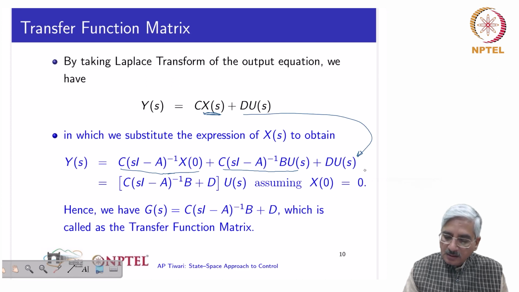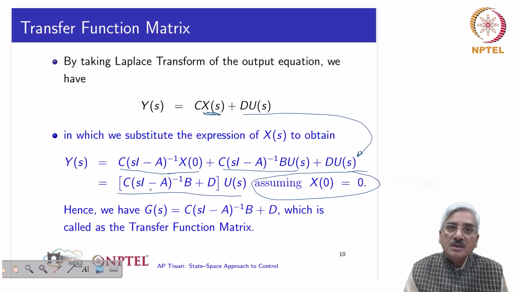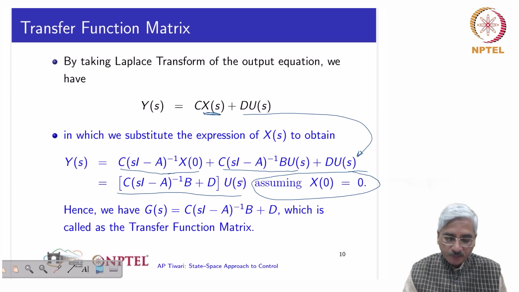Because in transfer functions we assume initial conditions are zero, we substitute x0 as 0. So this reduces to Y(s) equal to [C (sI minus A) inverse B plus D] U(s).